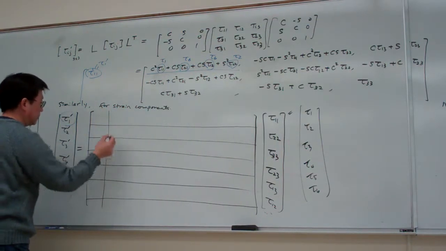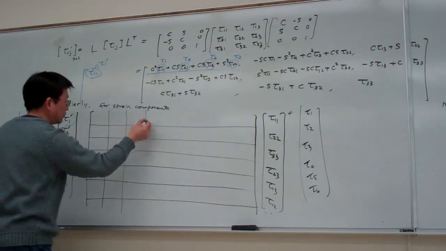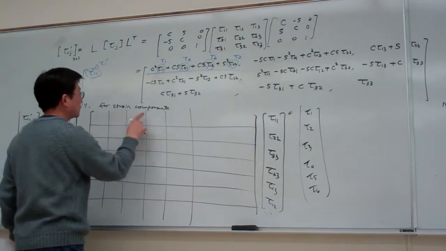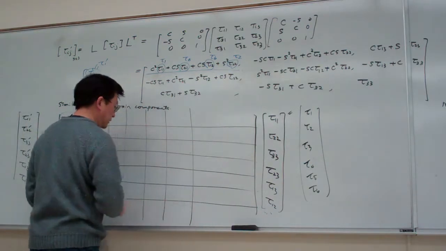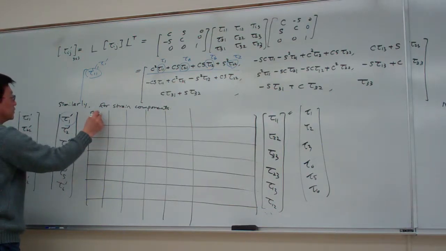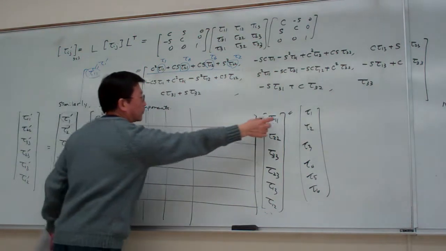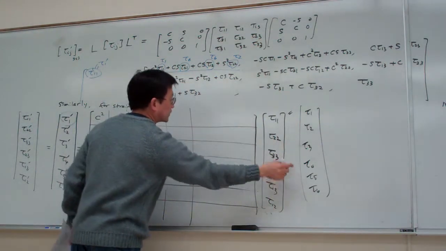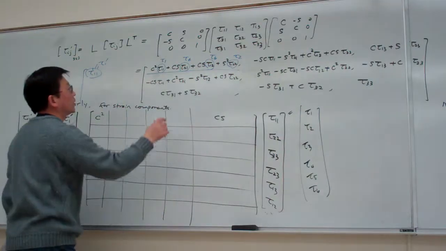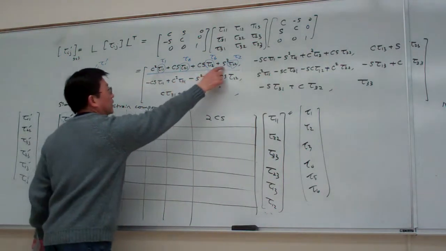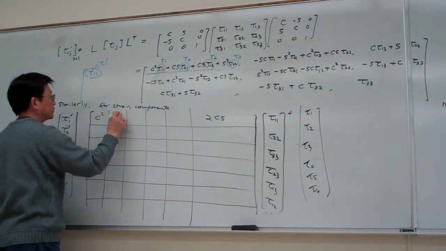So this is C squared multiplied with tau 1, and CS multiplied with tau 6, and there's a 2CS, and then S squared multiplied with tau 2, something like this.